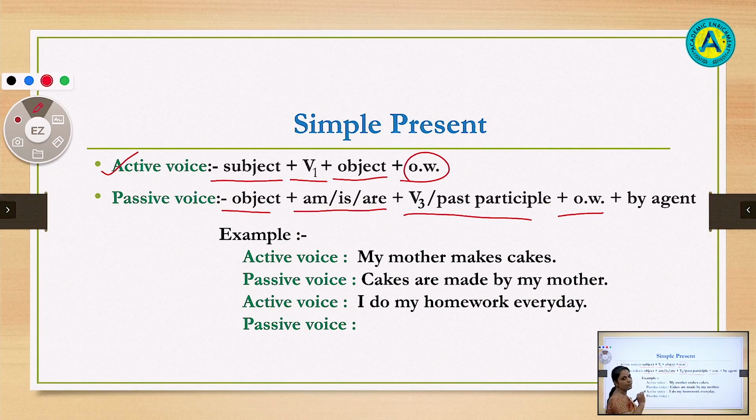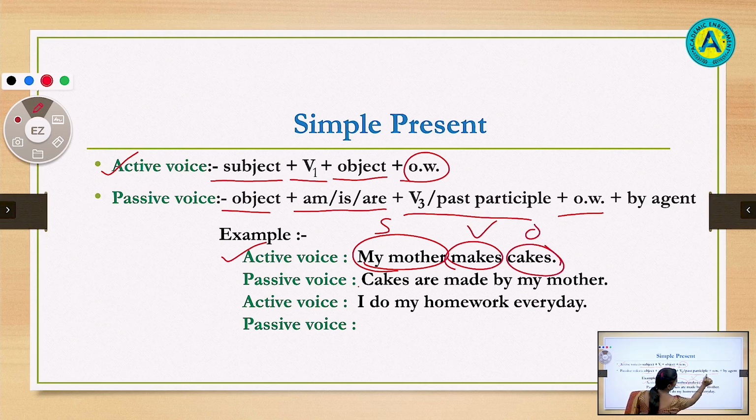Let's discuss some examples. Active voice: My mother makes cakes. What is the passive voice of this sentence? Yes, students. Here, my mother is the subject, makes is the verb and cakes is the object. It is in present simple form.